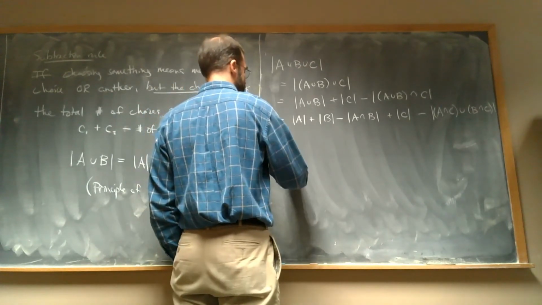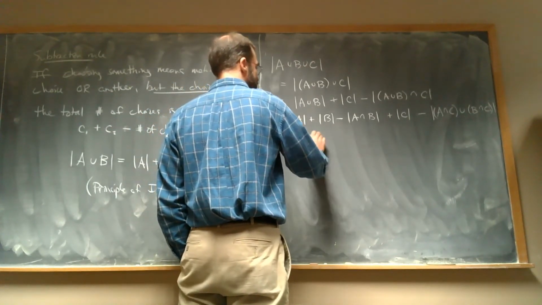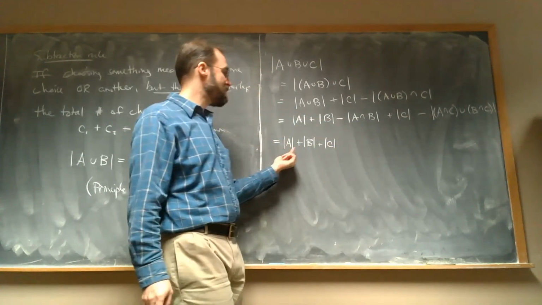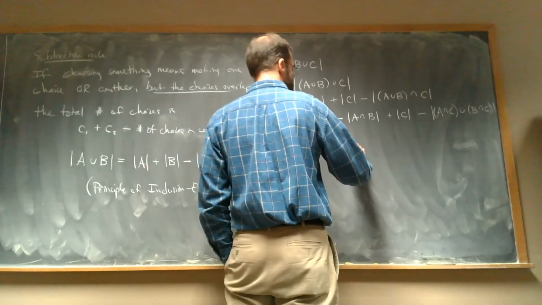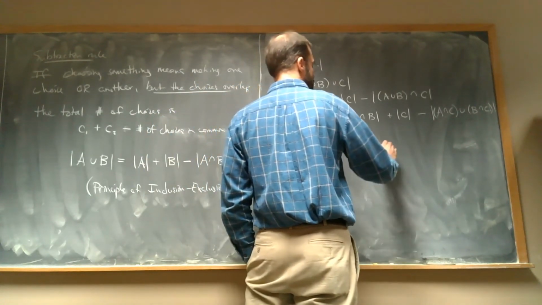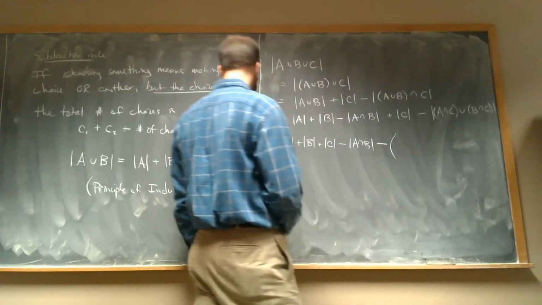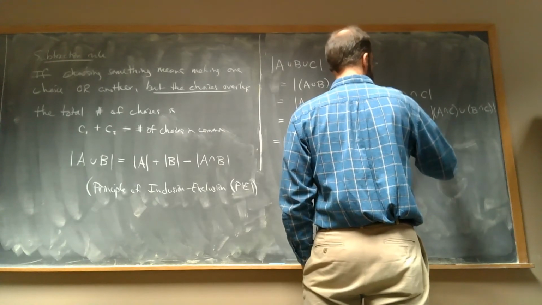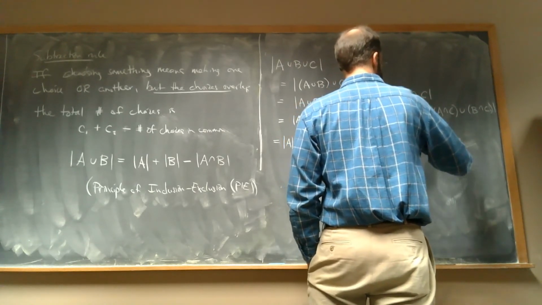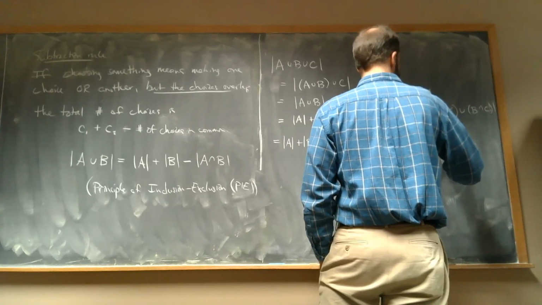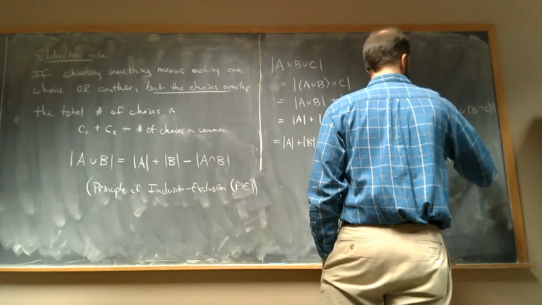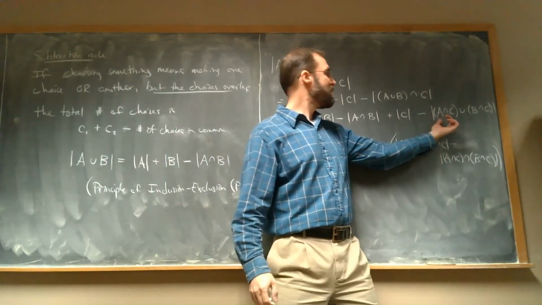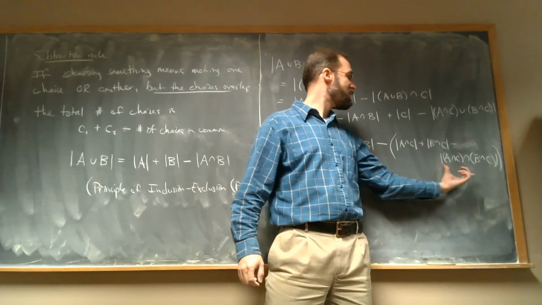So I still have the size of A plus the size of B. I'm going to move the plus size of C over here because it just goes with these other things, and then I'm going to do minus A intersect B minus, and now I'm going to apply this rule, so I get the size of A intersect C plus the size of B intersect C minus the size of their intersection, A intersect C intersect B intersect C. So right, the size of this plus the size of this minus the size of their intersection.